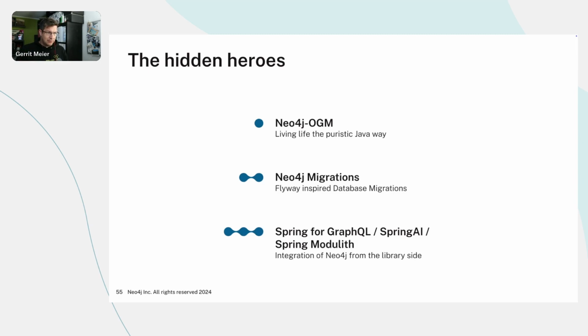Also, we did some handwritten queries, more or less, for Spring AI, so you can use Neo4j as a vector store. It's built into Spring AI. And if you're interested in domain events and modularization of your application, there is also a Neo4j module for Spring Modulith.